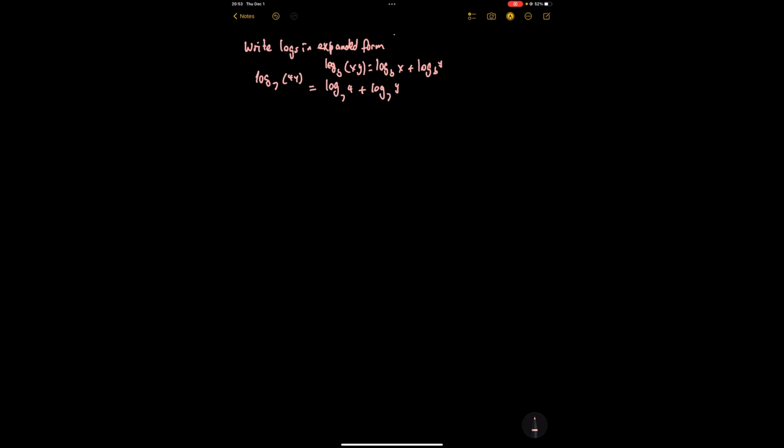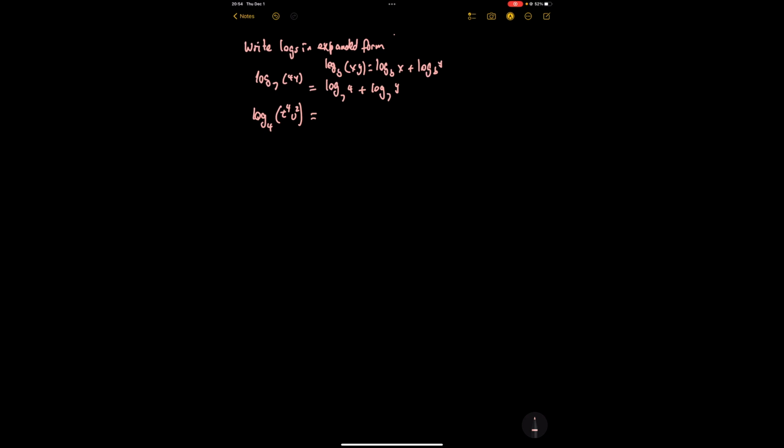Let's see something as follows. Log 4 of t to the power of 4 u squared. Now, what property are we gonna use? Now we do have the product property, right?